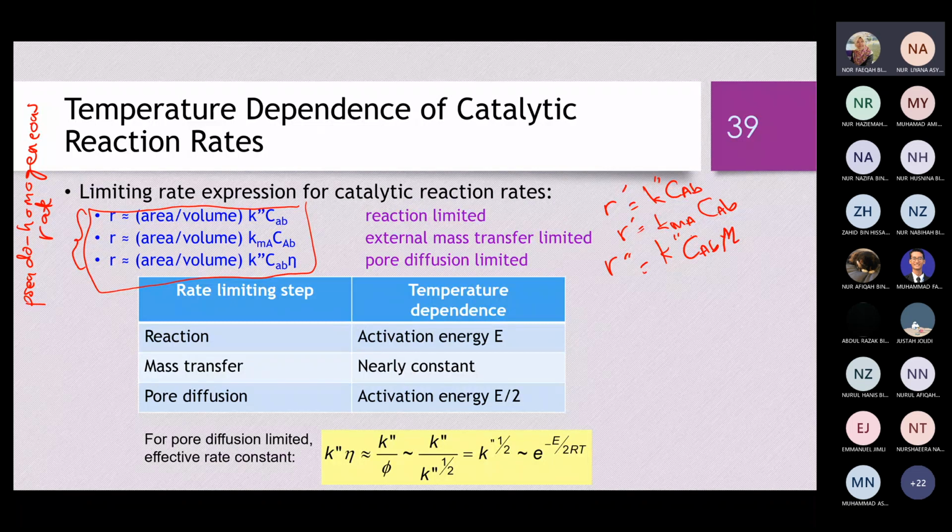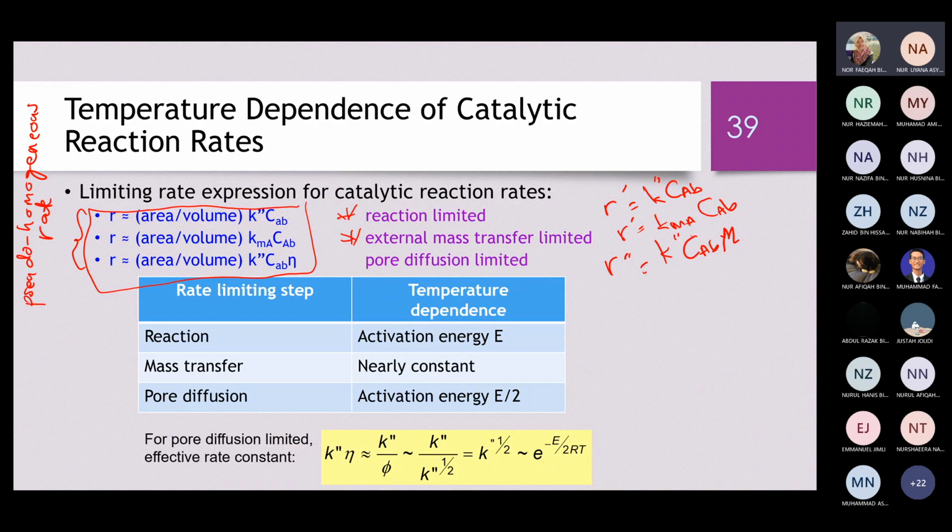So this is just for FYI. All these equations are for FYI. What you should know is how to write the rate law equation for these two items. The one for pore diffusion limiting is FYI, because we will not involve the calculation related to the effectiveness factor, because we do not focus on the calculation for pore diffusion limited.